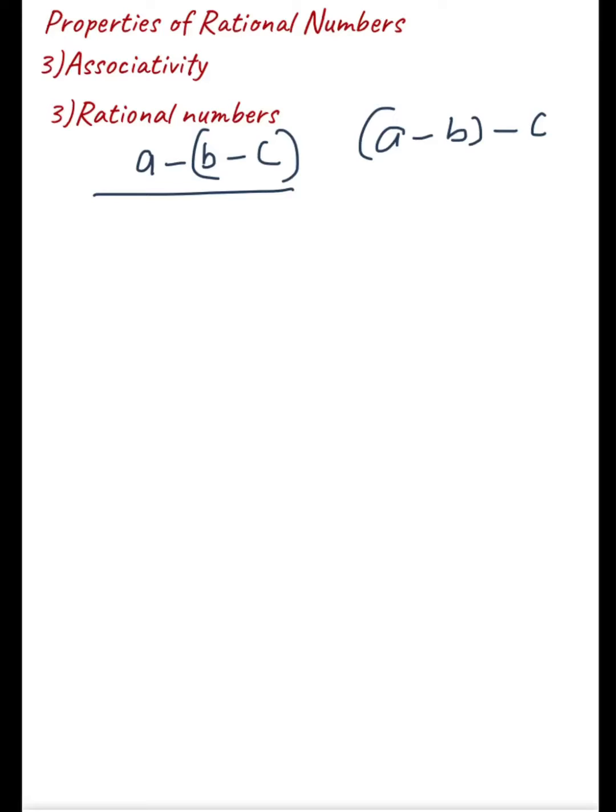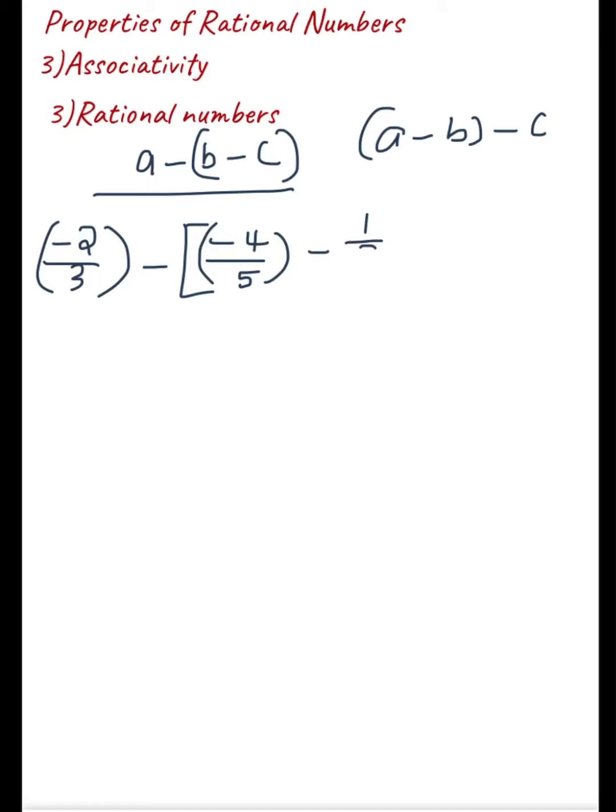Okay, and I am taking the rational numbers as minus 2 by 3, minus, then inside the bracket I am taking minus 4 by 5 minus 1 by 2. Okay, this is what we are going to do. So we have to do the things inside the bracket first.